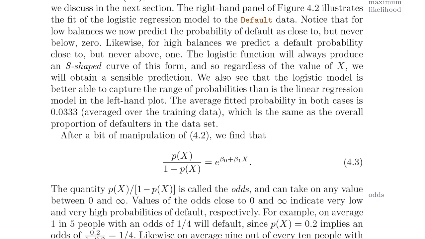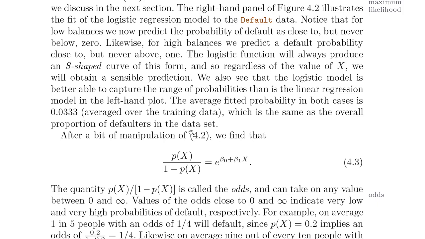The average fitted probability in both cases, so linear regression and logistic regression, is 0.0333 averaged over the training data, which is the same as the overall proportion of defaulters in the data set.